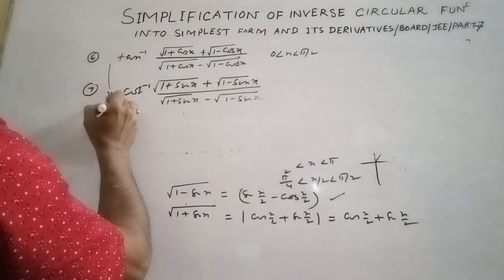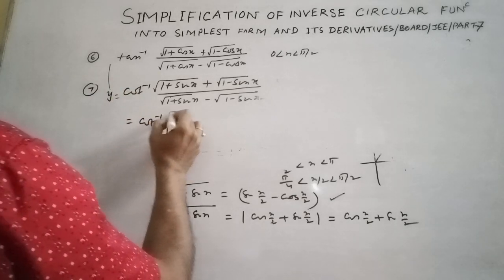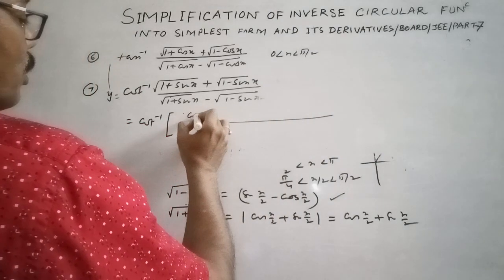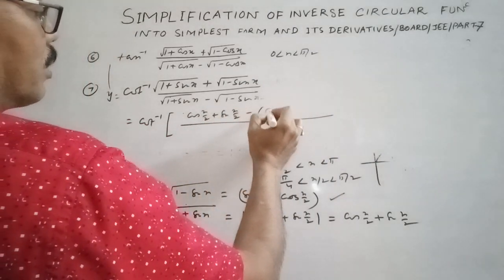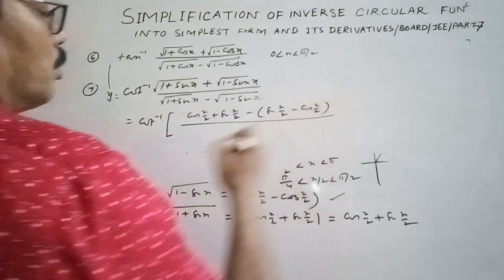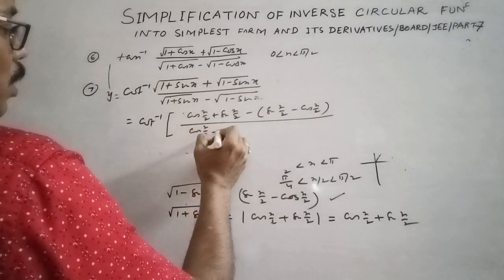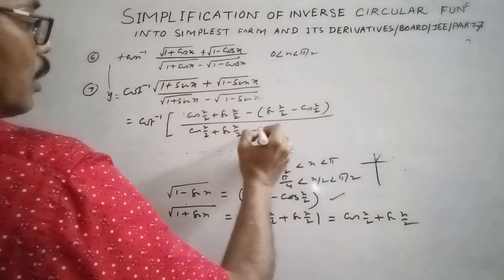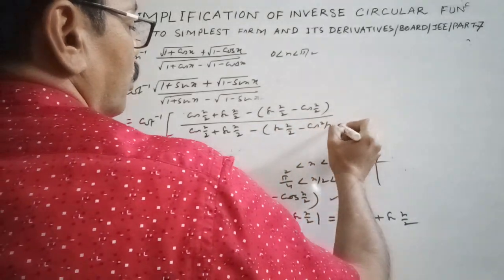So this is y. Put in parts the value: cos x/2 plus sin x/2, which I have already discussed, and this is sin x/2 minus cos x/2. And this is cos x/2 plus sin x/2, and this is sin x/2 minus cos x/2.